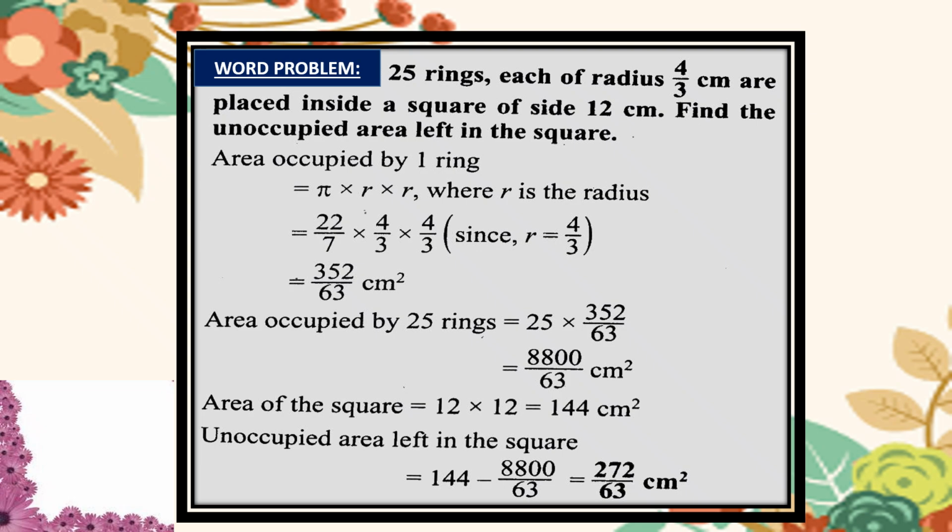So you have to find the area of one ring by using the pi r square formula, and 25 rings by multiplying that area by 25, and the area of the square is 144, 12 square. So now find the unoccupied area by deducting the area of 25 rings from the area of the square. It is easy, but you have to take care while calculating because it involves larger numbers.